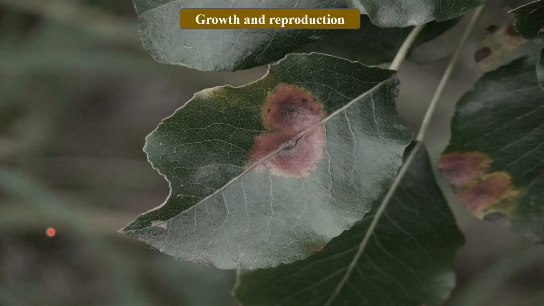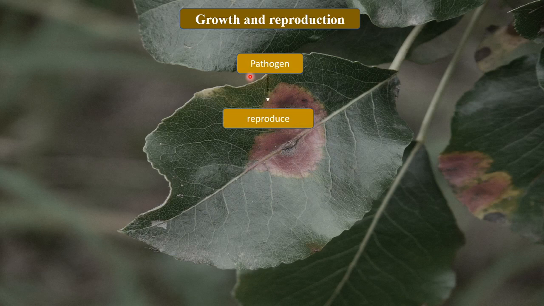Now we move towards the fourth stage, which is growth and reproduction. The pathogen that has infected the host plant will now grow and reproduce. To grow, it needs to reproduce. Reproduction is the process by which it will increase its progenies. It will reproduce asexually, sexually or vegetatively, and in this way it will multiply its number.